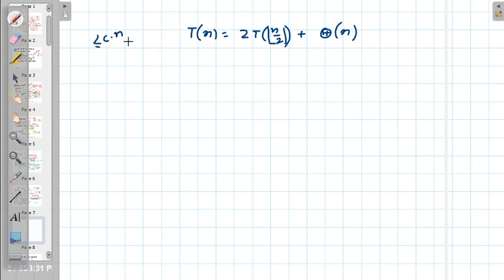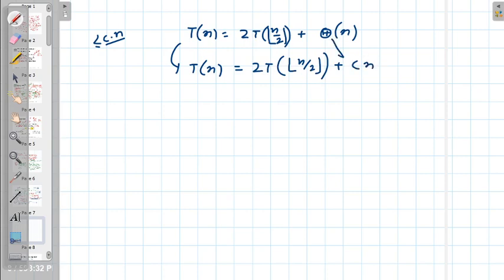As we are doing the worst case analysis, we substitute the highest value, c times n, then we are safe in analysis. So this theta n we will substitute by Cn, and then we will guess the solution Tn equal to order of n log n, the same thing.